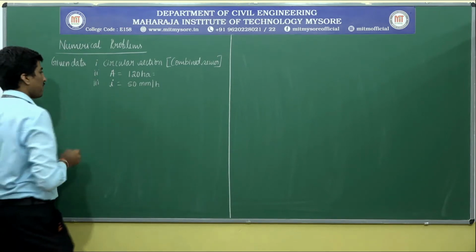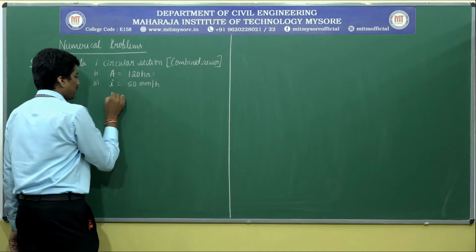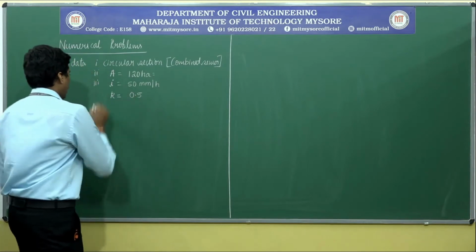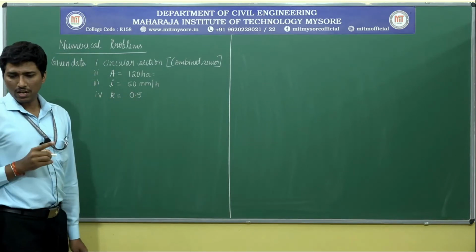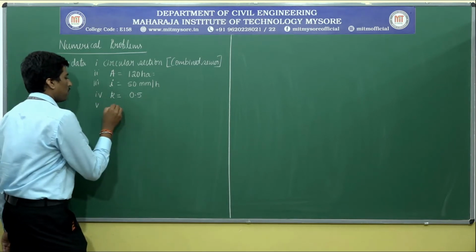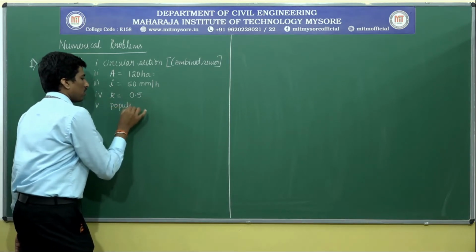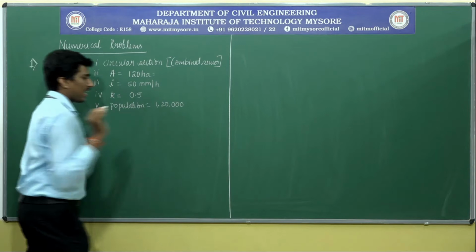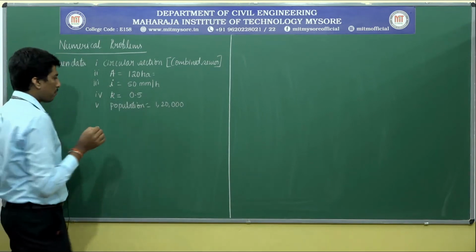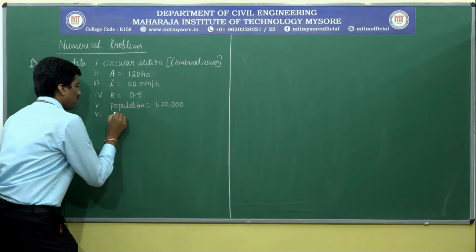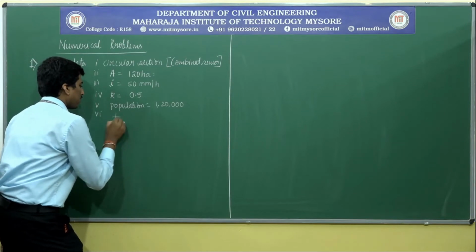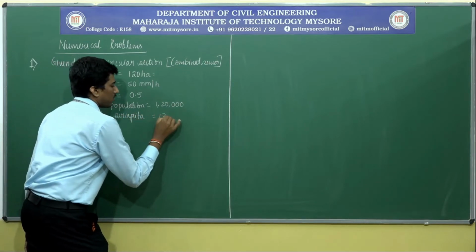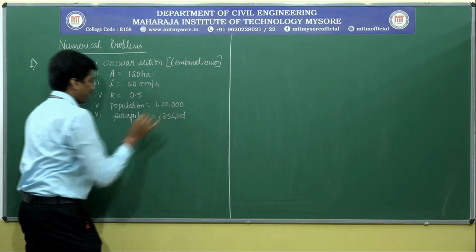Next, coefficient of area is given. So K is equal to 0.5. Next, the population is given, it is 1,20,000. Rate of water supply 135 LPCD, so per capita is equal to 135 LPCD.